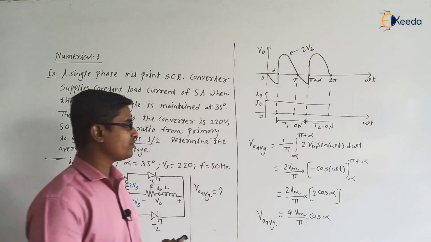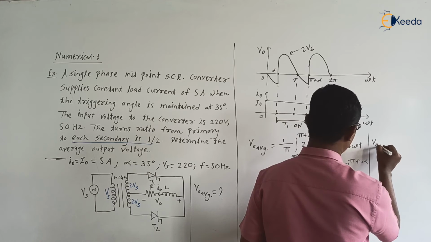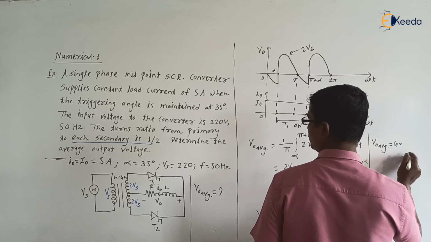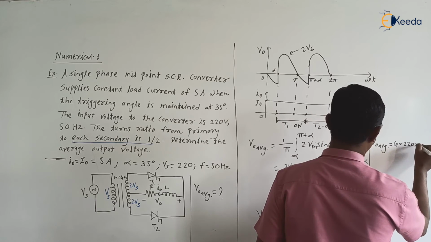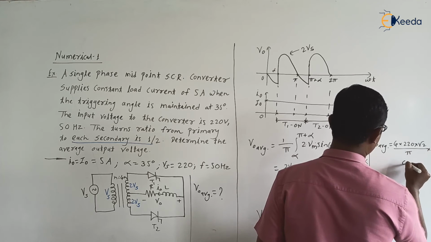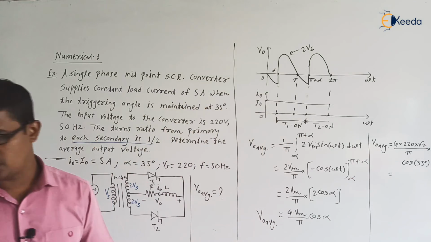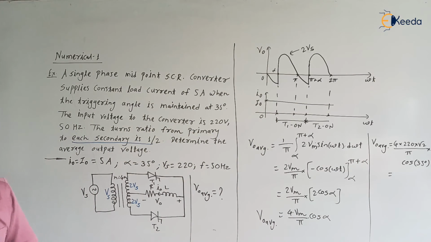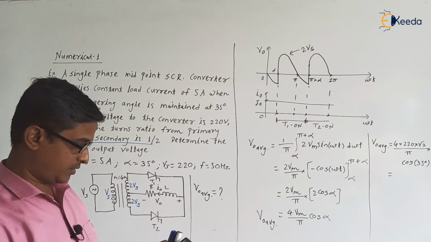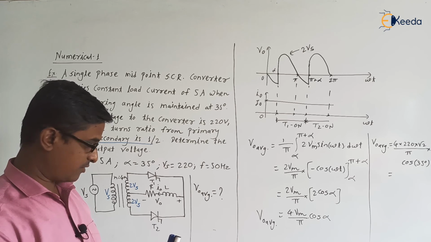So V0 average is equal to 4 into 220 into root 2 divided by pi into cos of 35 degree. Alpha is 35, right?